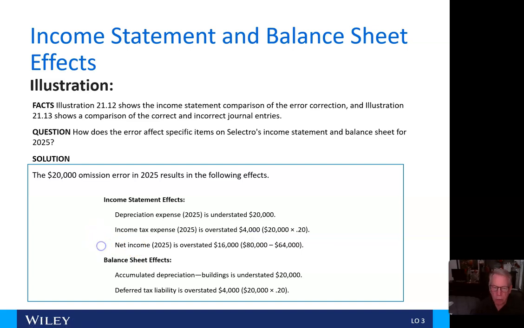Net income is overstated by $16,000. And then on the balance sheet, accumulated depreciation is understated by $20,000, while deferred tax liability is overstated by $4,000, representing the $20,000 times the 20% enacted tax rate.